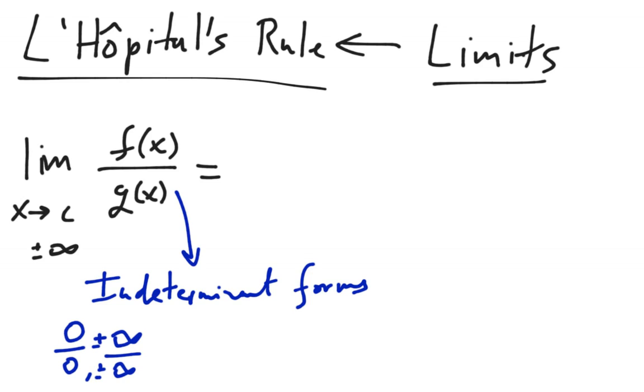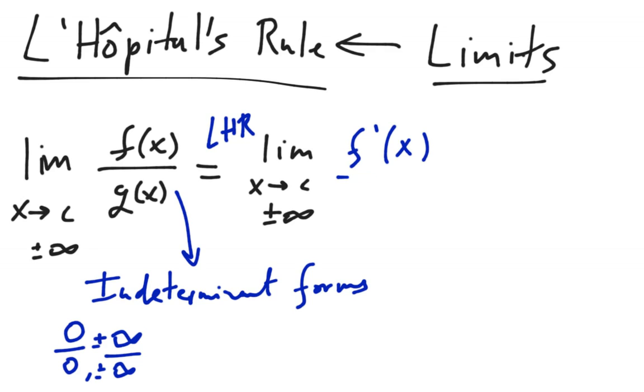If you get the forms that are 0 over 0, or infinity over infinity, and this could be plus or minus, you can use L'Hopital's rule, and I like to put an LHR on top of my equal sign to explain that I'm using L'Hopital's rule. We continue doing a limit, but we change the original problem. Instead of doing f over g, we simply do f prime of x divided by g prime of x.